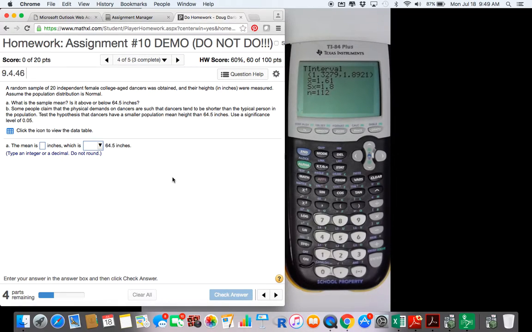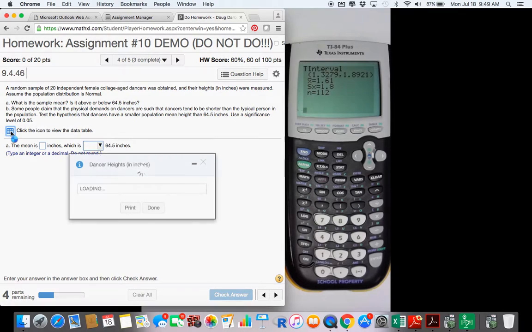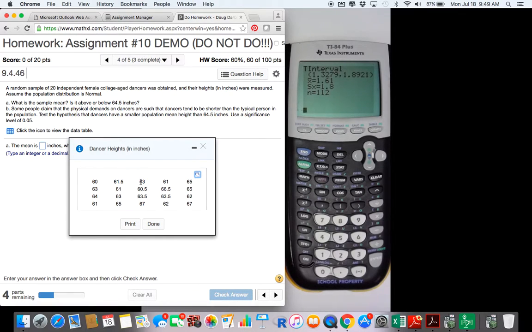A random sample of 20 independent female college-age dancers are obtained and their heights were measured. Assume the population distribution is normal. What is the sample mean? Is it above or below 64.5? Well, there's our data.